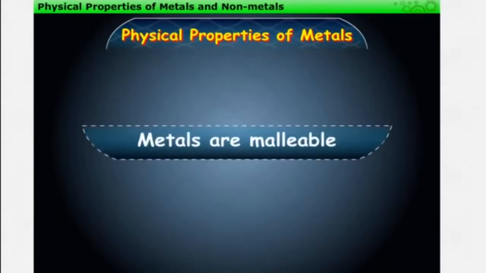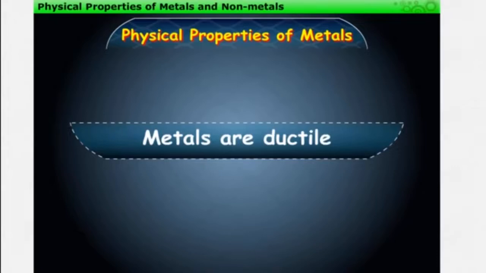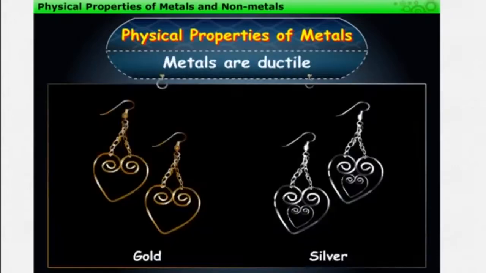Some metals have the ability to be beaten into thin sheets. This property is called malleability, that is, metals are malleable. Gold and silver are the most malleable metals. Also, they have the ability to be drawn into thin wires, which is called ductility.